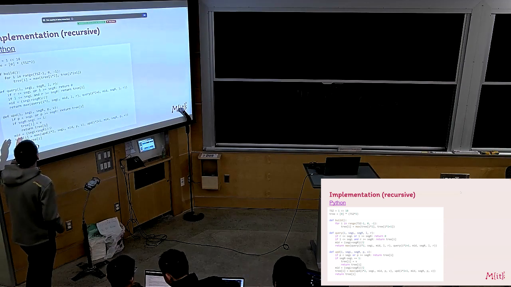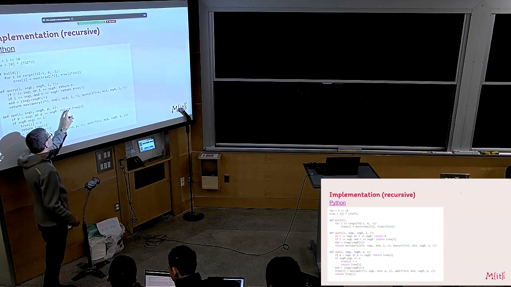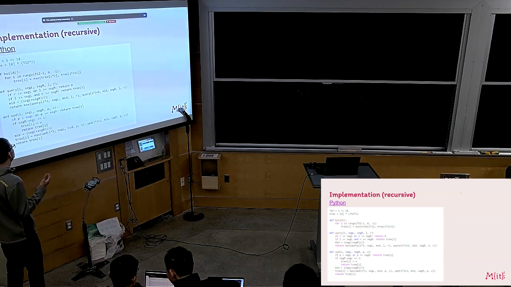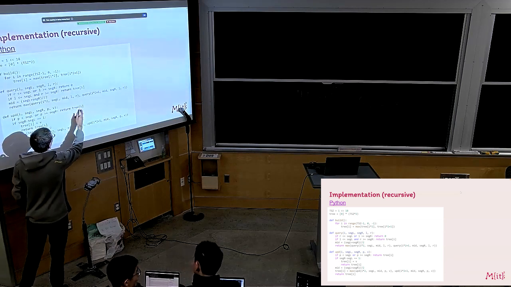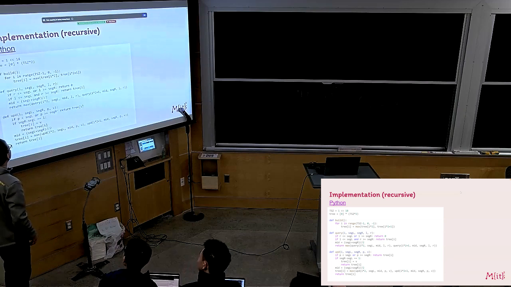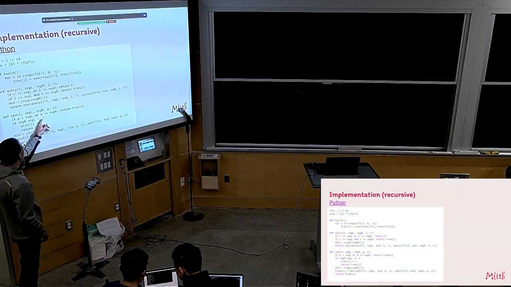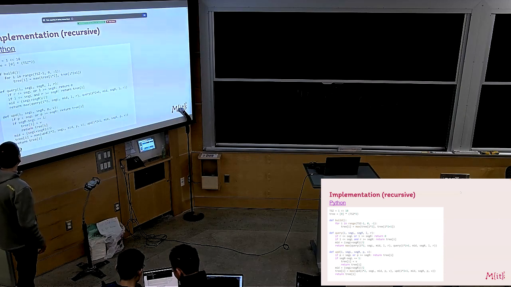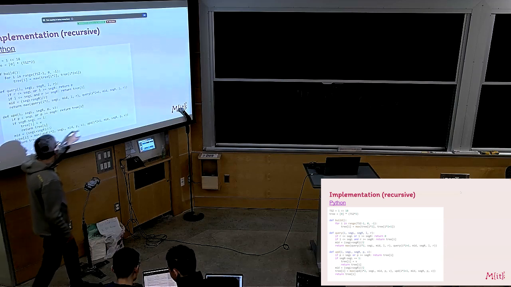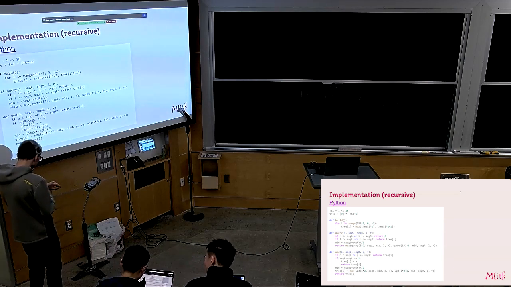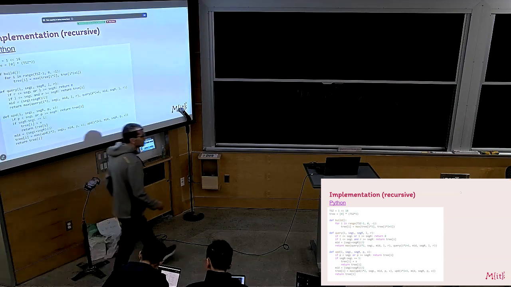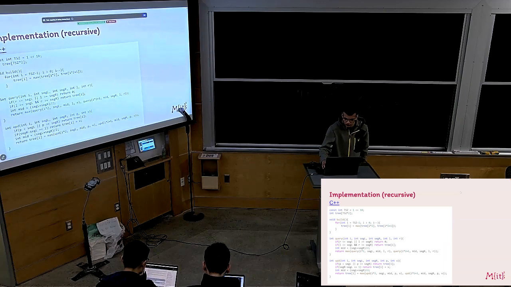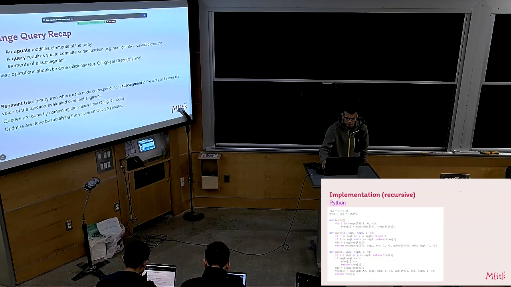I think in this specific implementation I do return a value, because here I just say that I want to always return the value that's actually computed. And then if the segment has length 1, then I again just update it, and otherwise I just recurse on the two children. Okay. And then the C++ code is very similar, just the syntax is slightly different.